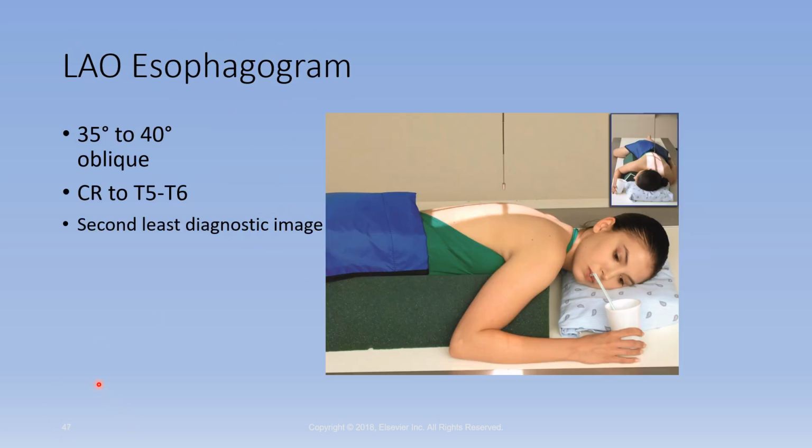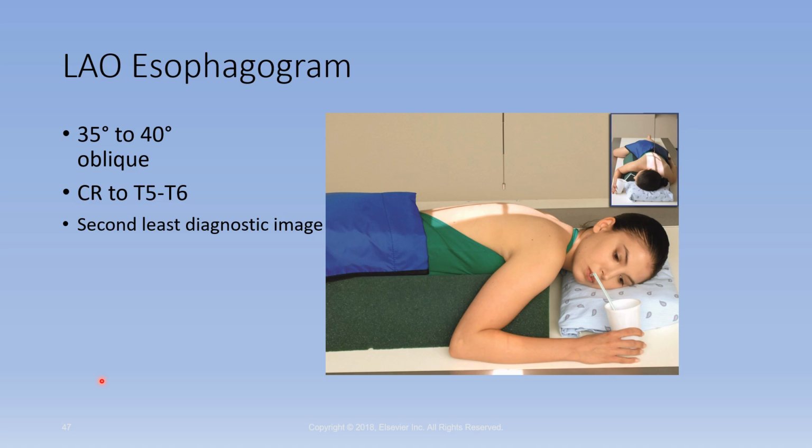And the last of the 4 overheads for an esophagram, which is also not very diagnostic, is your LAO, and that is on page 493. It is also a 35 to 40 degree oblique. Your central ray is still T5, T6, still at 40 inches, collimated about 5 to 6 inches from side to side, 17 inches long because you're on a portrait IR.